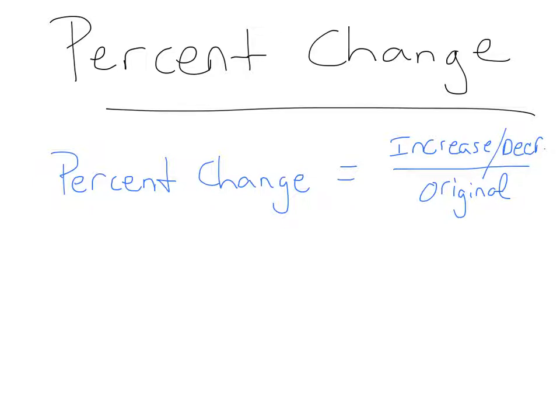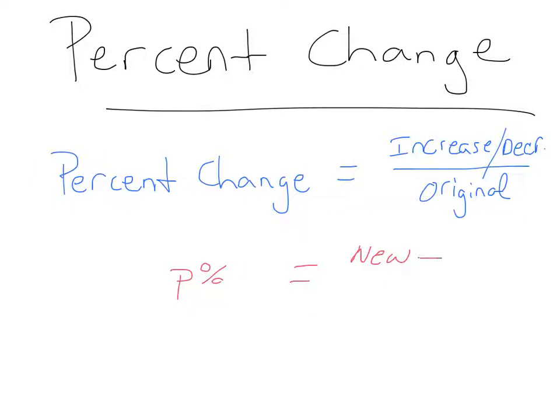We're talking about percent change. Not going to be a very long video. Let's see. Percent change is equal to the increase or decrease divided by the original number. Now, some people represent percent change shorthand like this. Here's your percent change is equal to the new number.